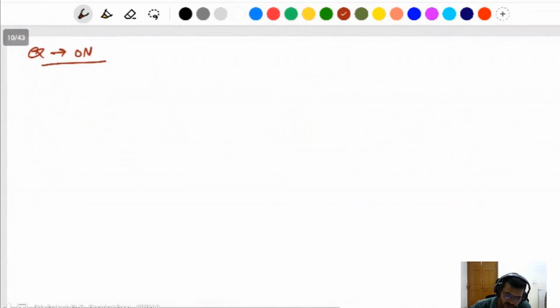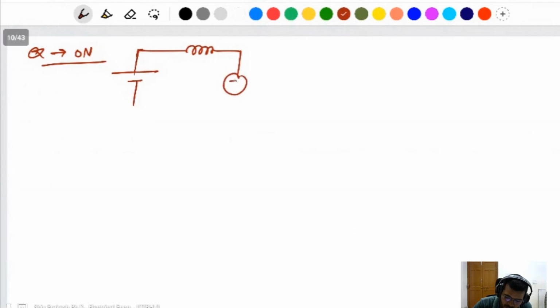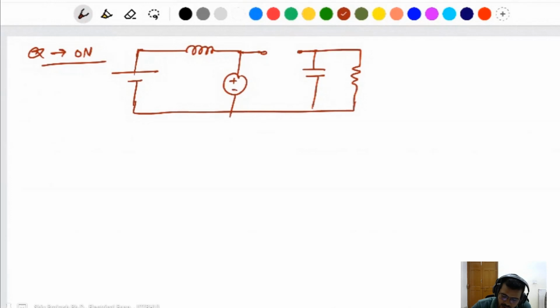The switch is on. This is the circuit diagram, with the capacitor and the output resistance, and this is the output voltage.